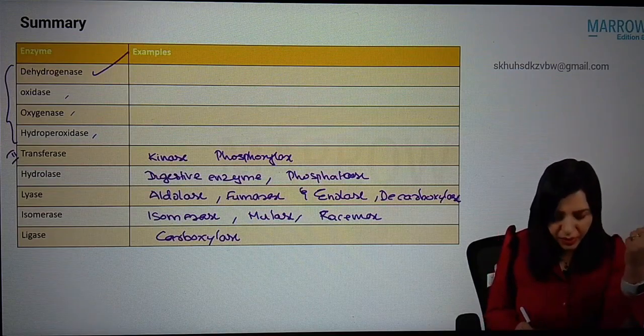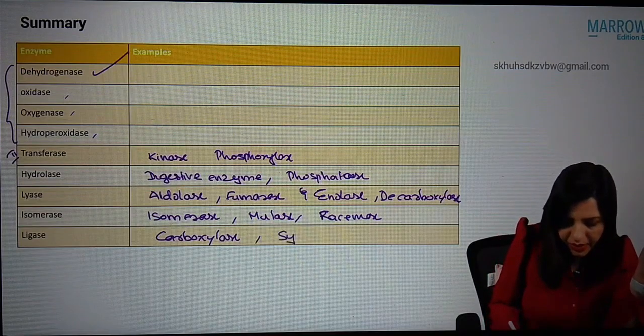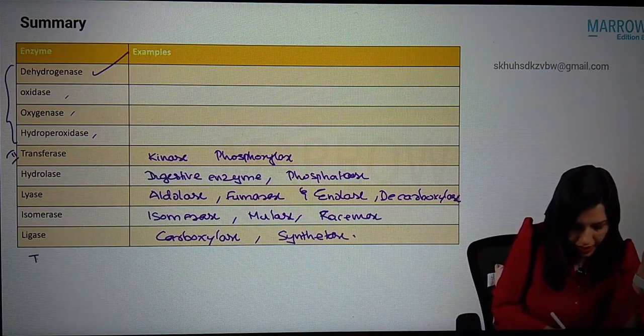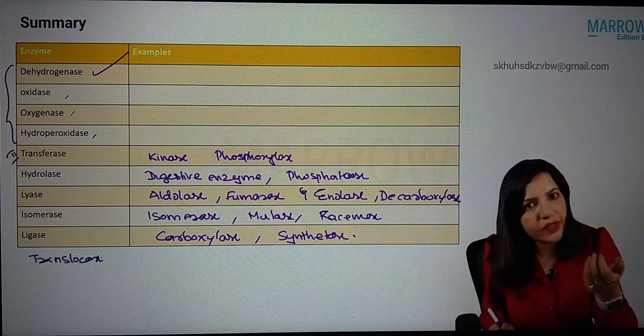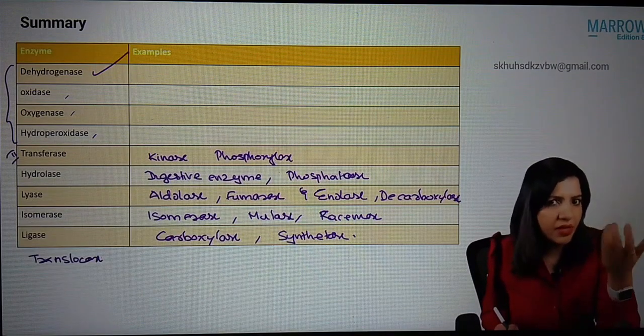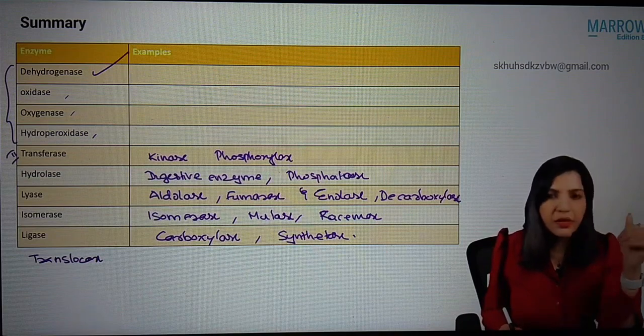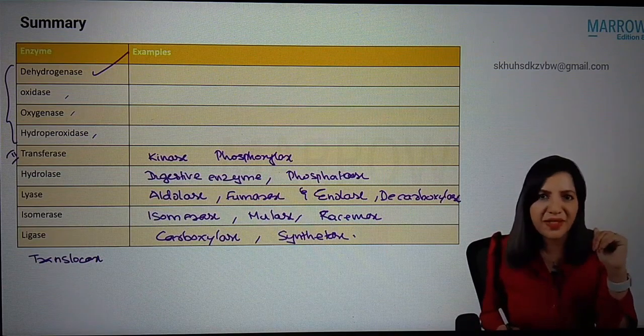So this is very, very important. Then comes the synthetase. It is also a ligase. Then the last one is the translocase, where it is transferring of ions across the membrane like the potassium pump, calcium channels, etc. So this is the summary of all the classes of enzymes.